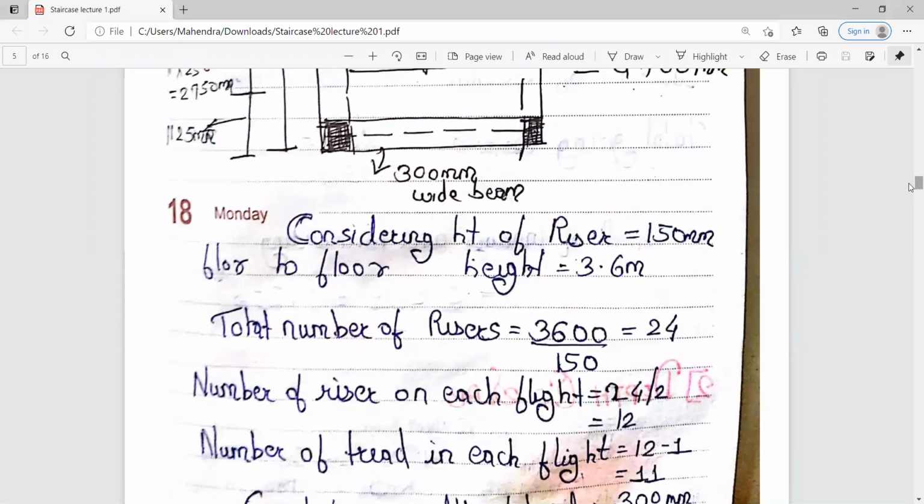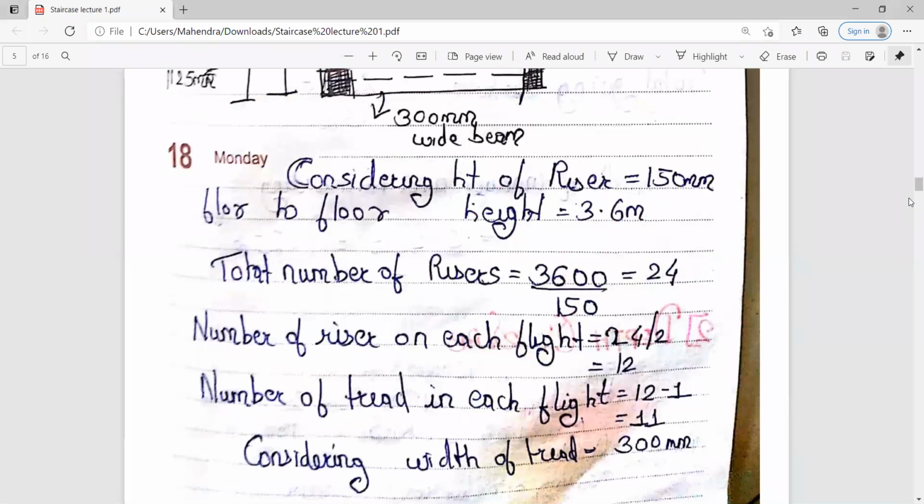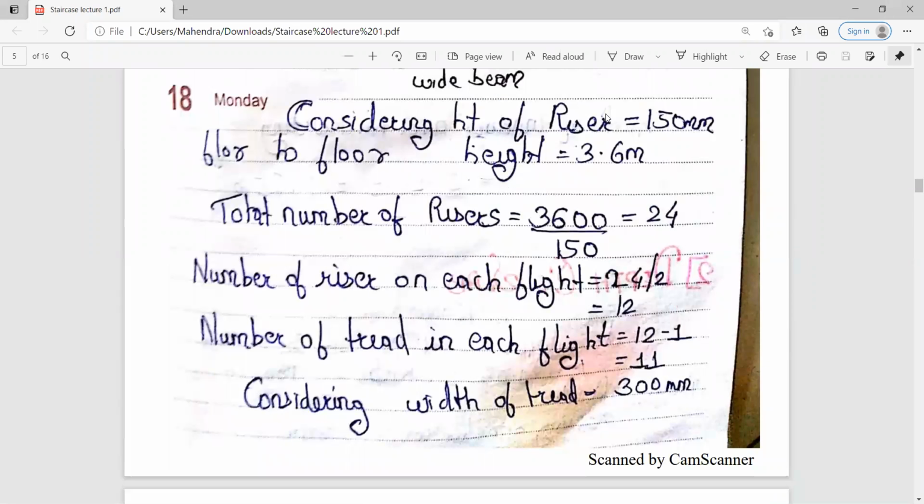So you have to consider the height of the riser. You have to assume the height of the riser as 150 millimeter for residential buildings and 300 millimeter for public buildings. As it is not mentioned here which building is to be considered, we consider a residential building.